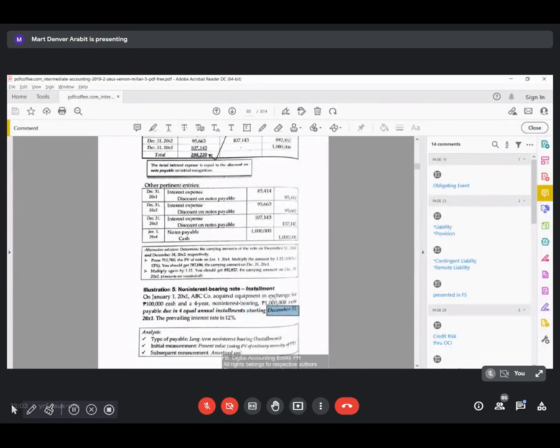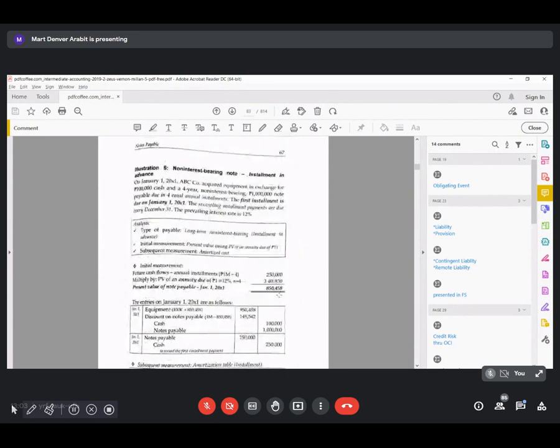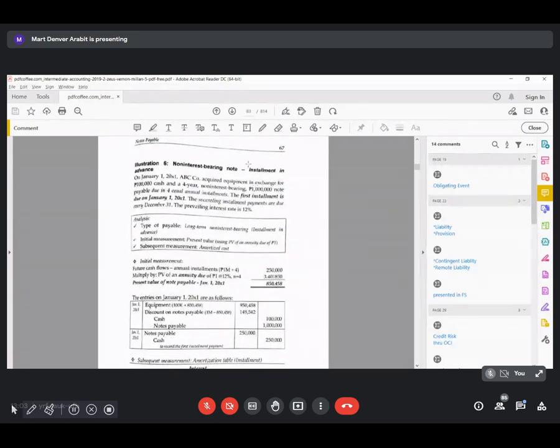Okay? However, dito sa example natin na to, installment is paid in advance. So meaning, on January 1, 2021, naka-receive ka na rin ng 250,000. So the first installment is due on January 1, 2021.